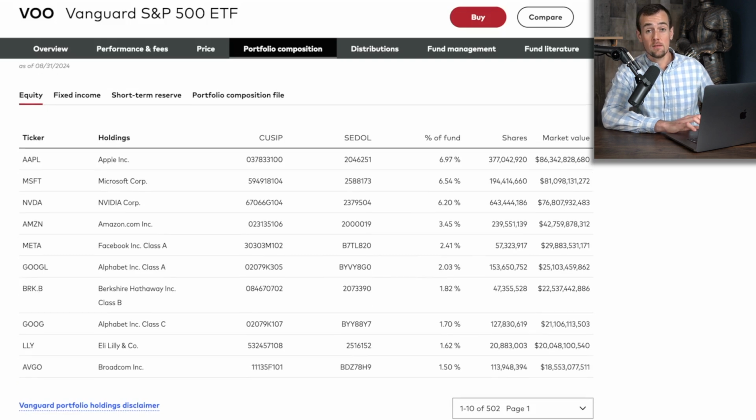So when you invest in VOO, or the S&P 500, through other providers, a large portion of your money goes right into these stocks. And if we take a look here at the top 3 holdings alone, almost 19% of your money goes right into Apple, Microsoft, and Nvidia alone.